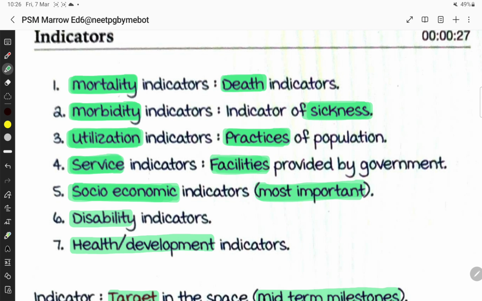Service indicator is the indicator of the facilities provided by the government.